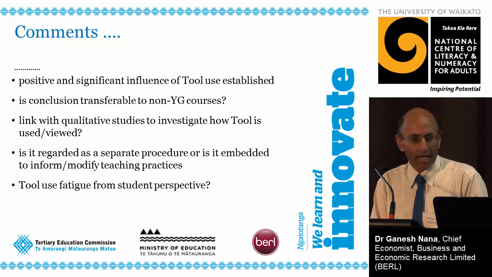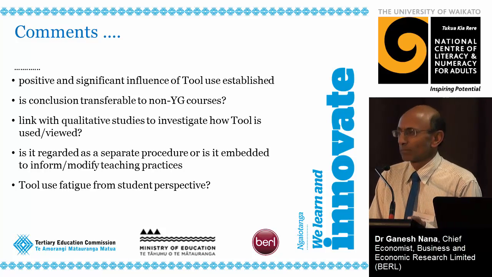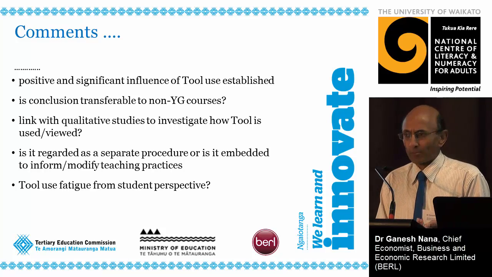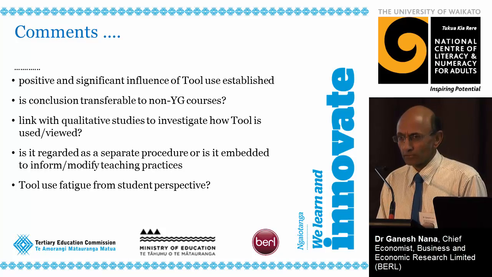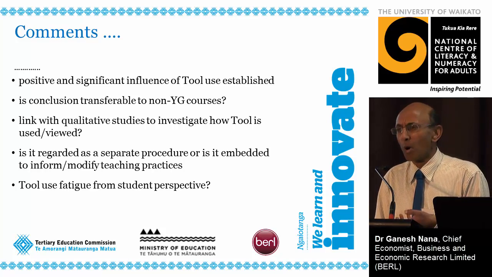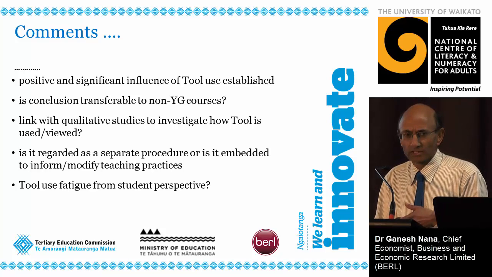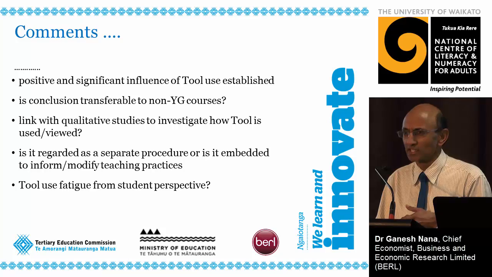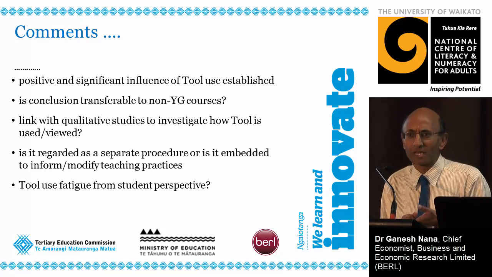Last comments. Yes, we've established a positive, statistically significant influence, so that's good, and the equation seems to be reasonably good that we can take it further. The second bullet point is my big question, the one where I feel a knife going through the shoulder blades, a little bit of a concern from my perspective.